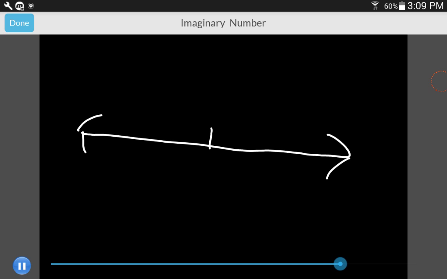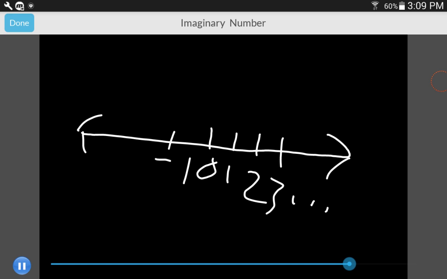Also, I want to discuss this: if you look at the number line, the x number line, we have 0, 1, 2, 3, and so on, and -1, -2, and so on, all the way to negative infinity and positive infinity.